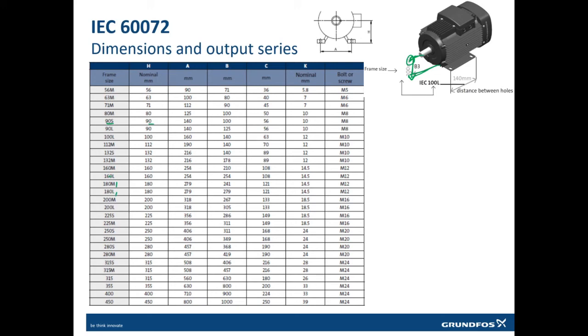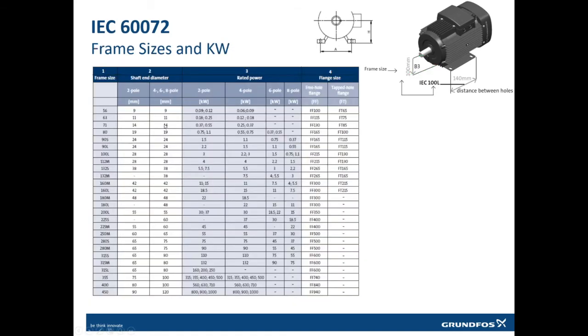Why do we have to define the size? Because in frame size 56, that means when we have this B3 distance of 56, we can have only two ratings in this size, 0.09 and 0.12 kilowatts.